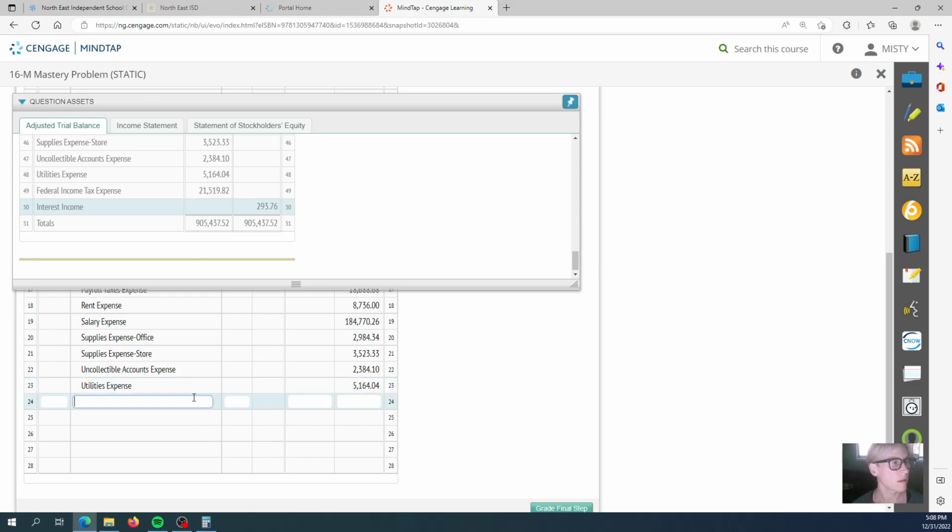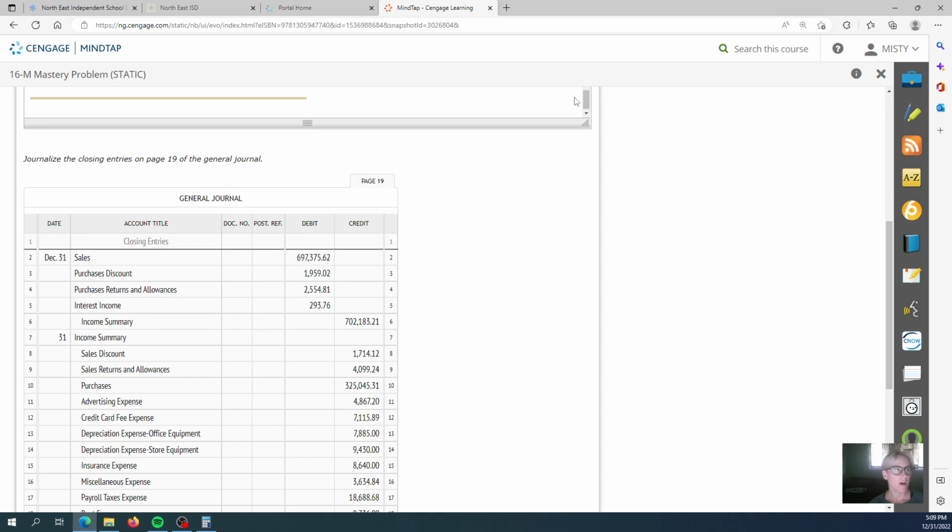Okay, and last one. Federal income tax expense. Okay, and that one is 21,519.82. Okay, we have all of those done. Now, this is where Excel would come in handy and make your life a lot easier. Either that or using a cheat sheet like I have today.